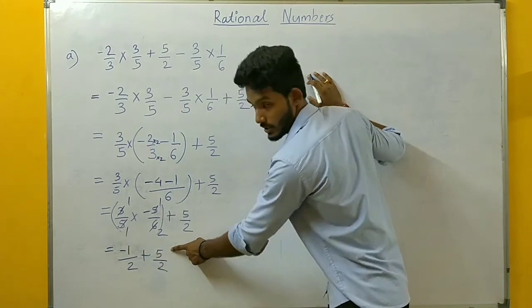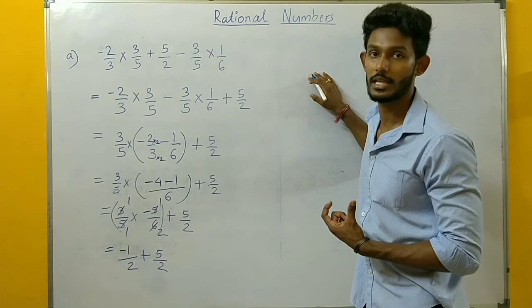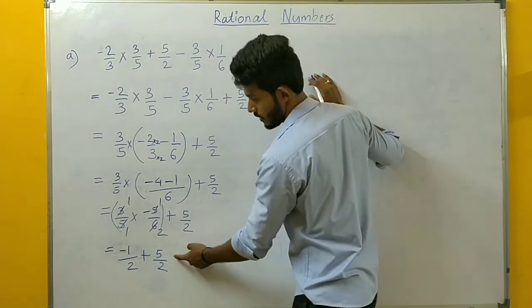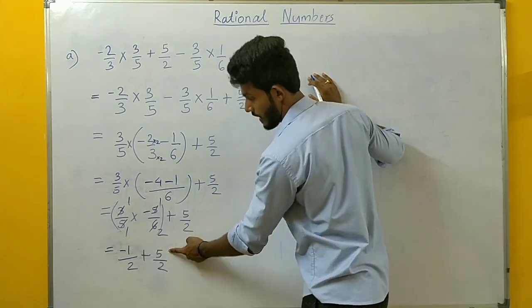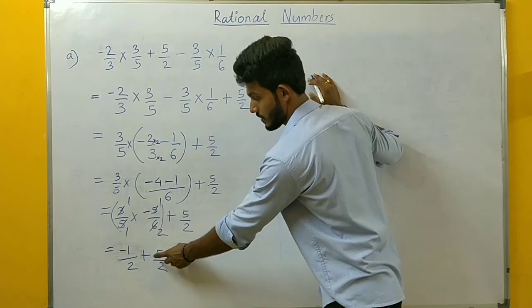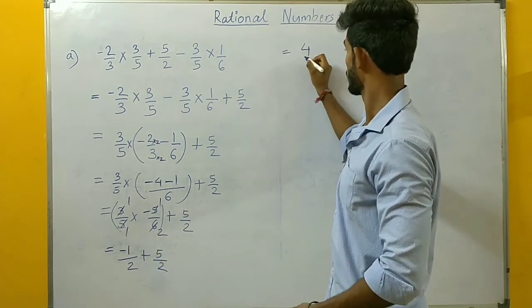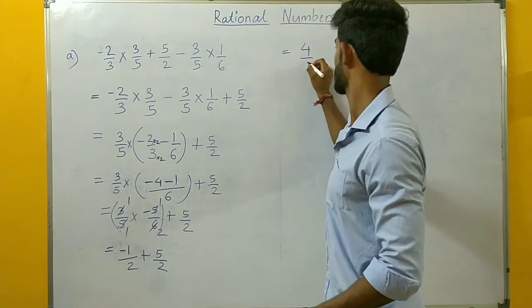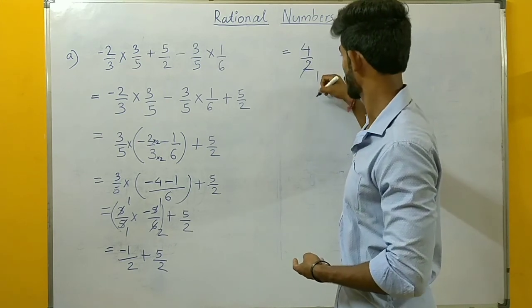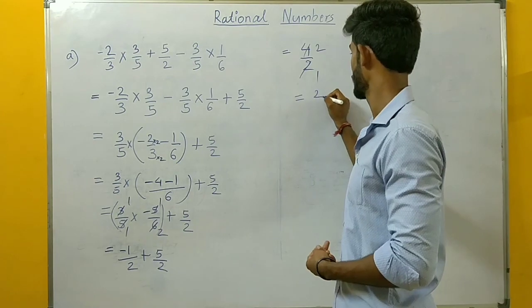Negative 1 plus 5, we have unlike sign, and we all know that when we have unlike sign, we subtract the numbers and give the sign of larger number. So we will subtract this 1 from this 5, we will get 4, and since this 5 is a larger number, it will carry a positive sign. So that is, our answer will be 4 upon the same denominator, that's why it is 2. And we can further reduce this as 2 1s are 2, 2 2s are 4. So our final answer will be 2.